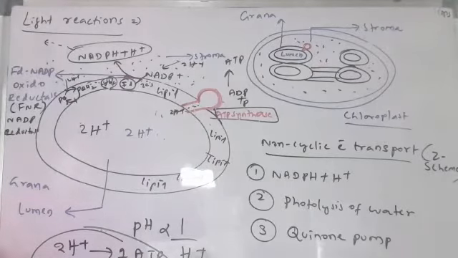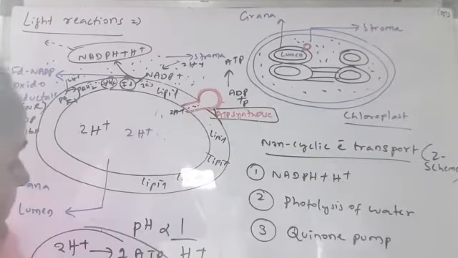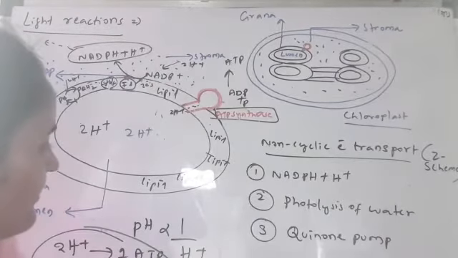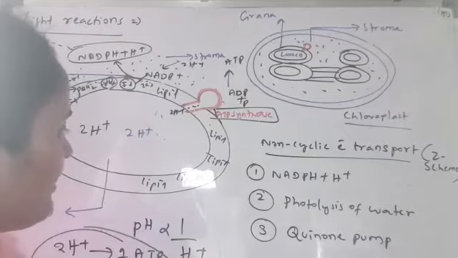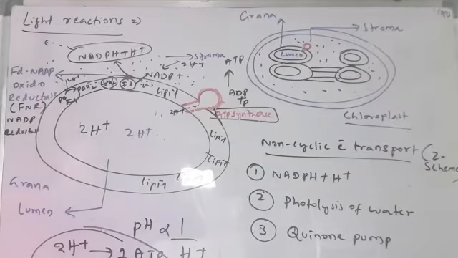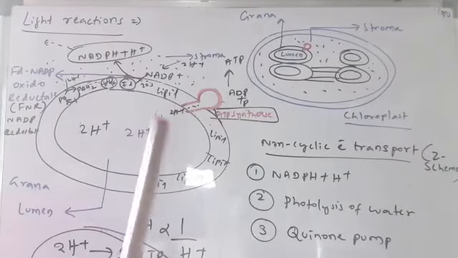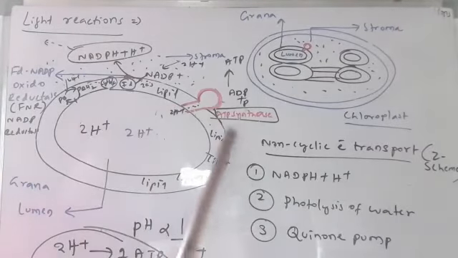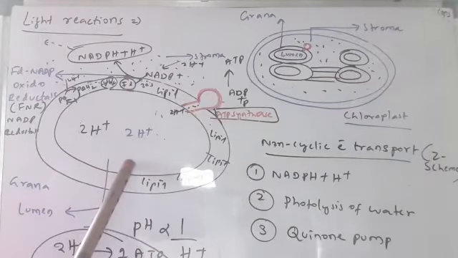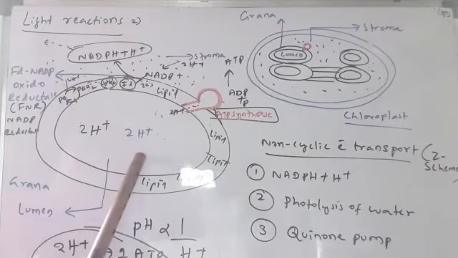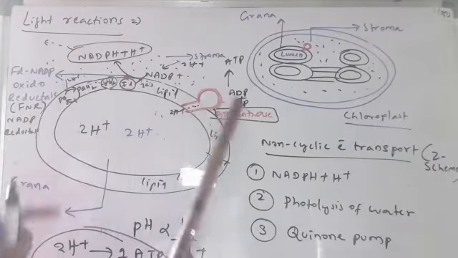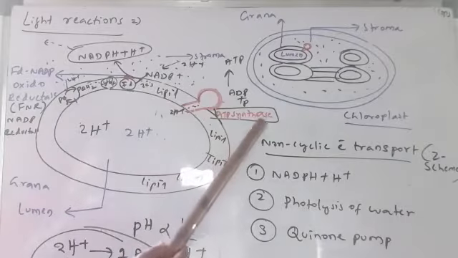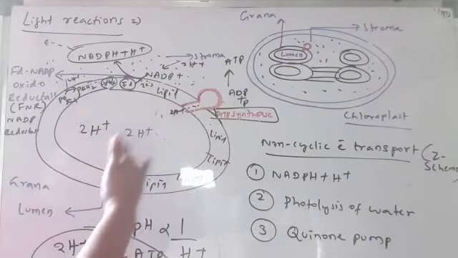Now this process is known as photophosphorylation. What is photophosphorylation? In the presence of light, the non-cyclic electron transport took place. Because of that transport, protons got accumulated, high in the lumen and less in the stroma, so there was a proton gradient.